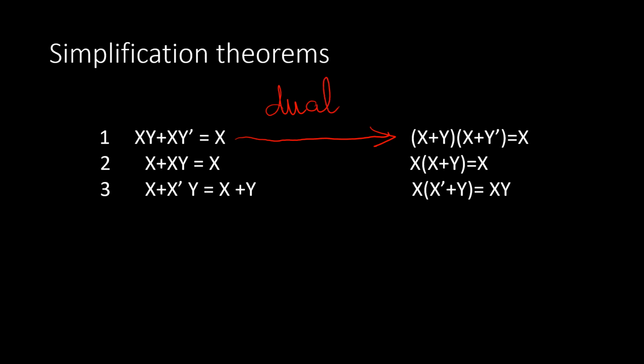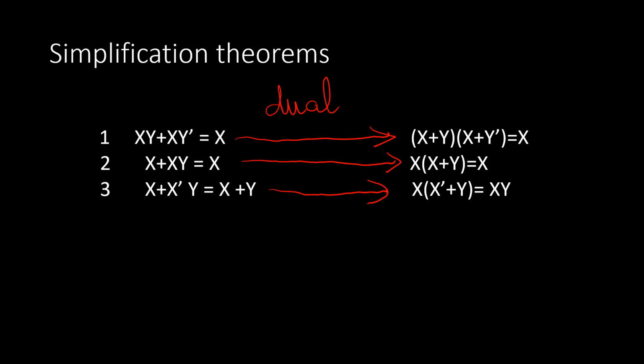So the first theorem, x ANDed with y, or x y prime, equal x, has dual (x + y) ANDed (x + y prime) equal x. The three theorems at the right side are the dual of the three theorems at the left side.